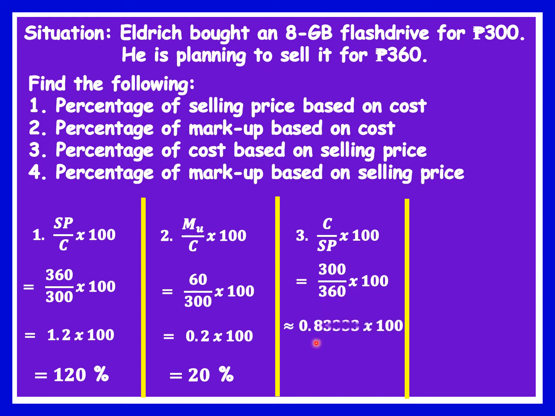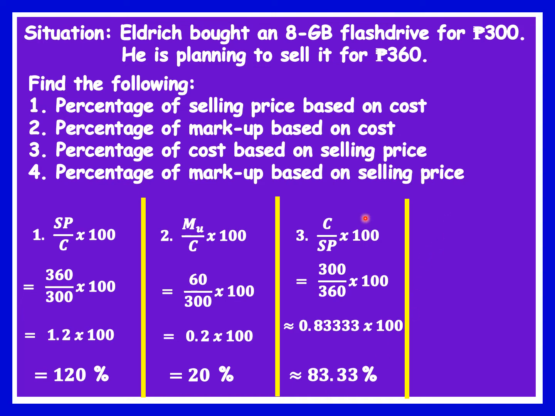Dividing this, that will be almost equal to 0.8333 times 100. Then let us multiply, so that will be almost equal to 83.33. Then affix the percentage symbol. So the answer is almost equal to 83.33%.